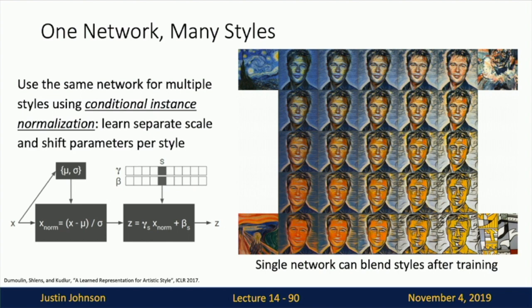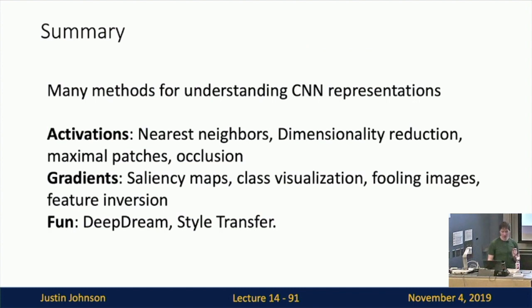And it turns out that just learning different scale and shift parameters inside these instance normalization layers gives the network enough flexibility to apply different style transfer effects using a single feed-forward network. So then once we do this, not only can a single neural network apply lots of different styles, it can also blend different artistic styles at test time by using weighted combinations of these learned scale and shift parameters.